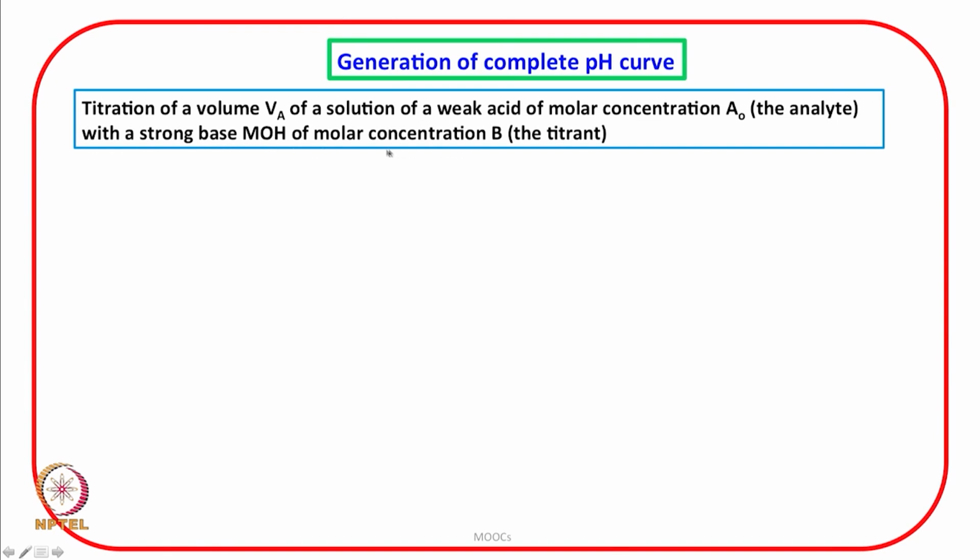The molar concentration of strong base, let us call it as B. This is the titrant. So, what we are talking here is the titration of a volume Va of a solution of weak acid with a strong base. That means, you are taking a strong base, and to that you are adding Va centimeter cube of a weak acid, and then monitoring the changes.